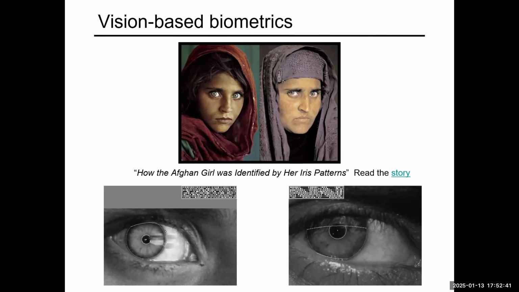The eye. Because if you use the face here, the face looks completely different. Like, this person is completely different from this person. Okay? But the eye has a pattern that has not changed over time.